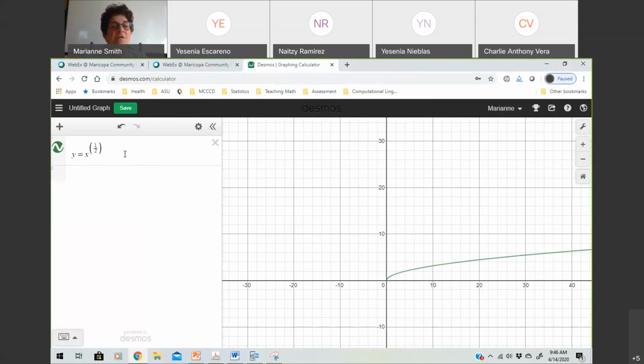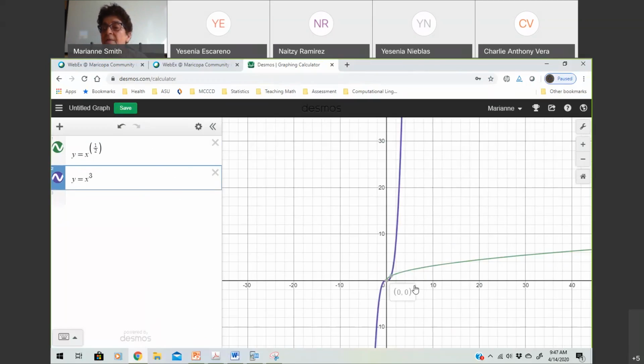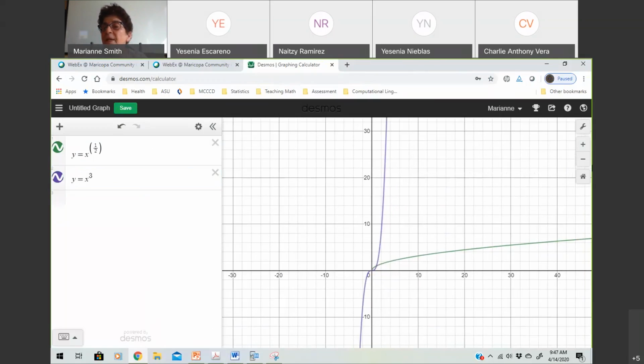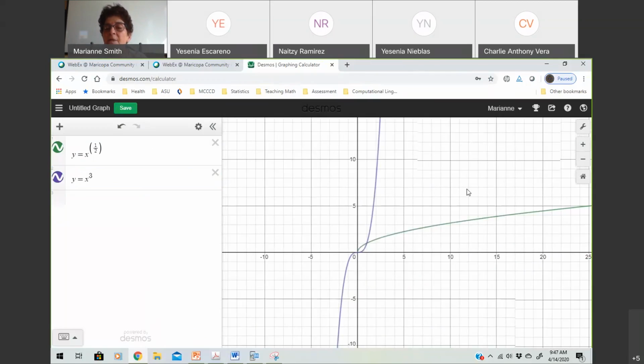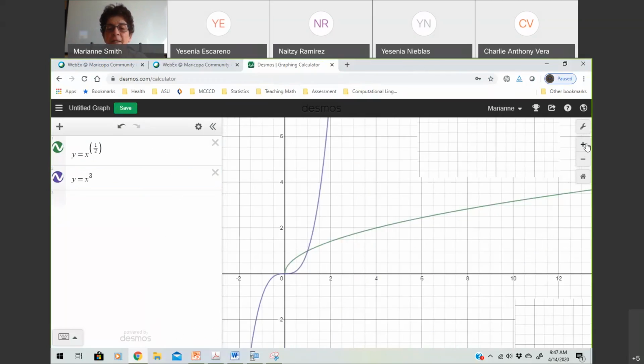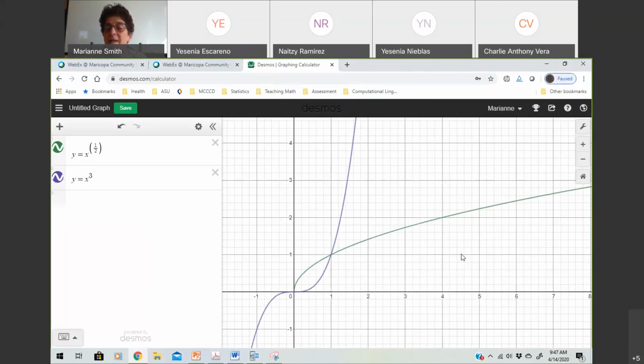And then my second graph is y equals x cubed. You can see the area I'm interested in is way down here. That's not a problem on Desmos, because you can just center your screen and zoom in. This is more of a pain in the neck on the TI because you have to realize you've got to reset your window. So here are my two curves.